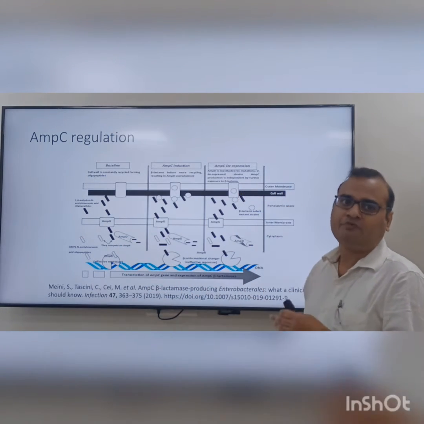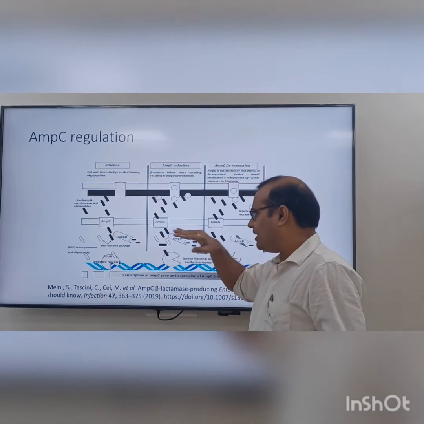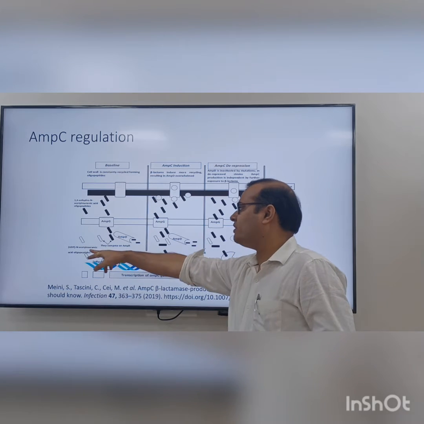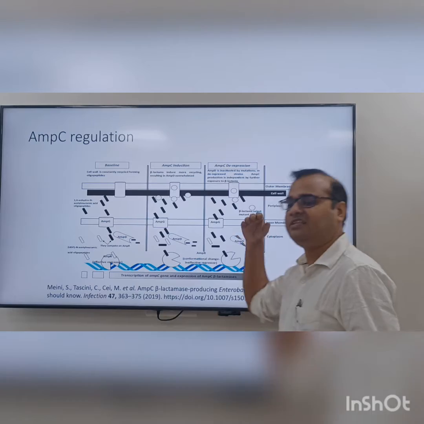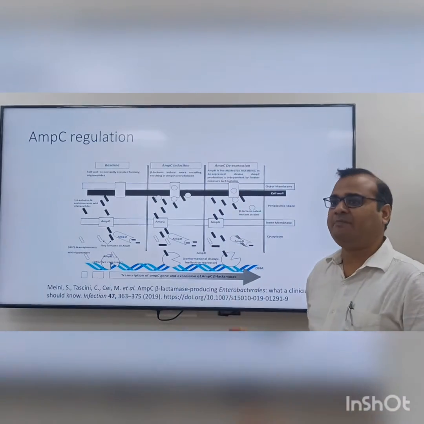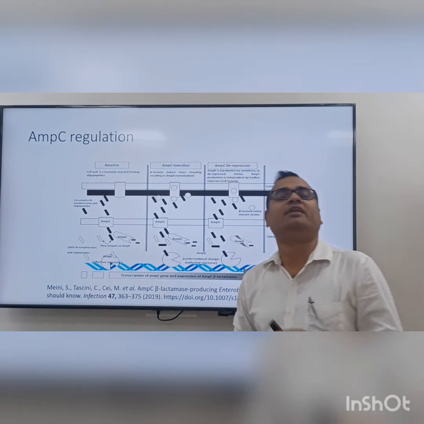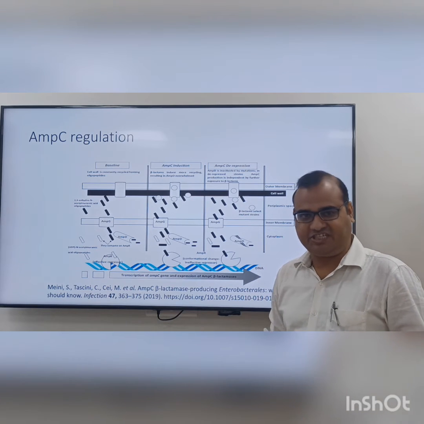So by processing of this AmpD gene, it is inhibiting the competition with this UDP N-acetylmuramic acid, which is the substrate for AmpR, and this will lodge with this AmpR and effectively repress the AmpC gene.